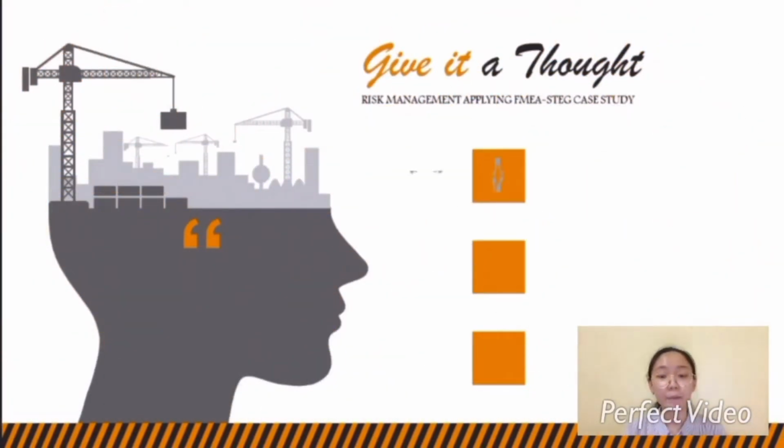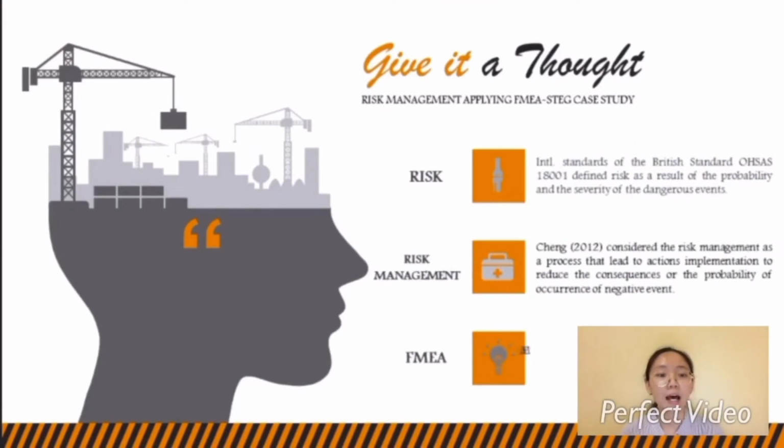First things first, we have to give these three elements some thought, which are risk, risk management, and FMEA. So the first one is risk. Based on international standards of the British Standard Occupational Health and Safety Assessment Series, risk is defined as a result of the probability and the severity of dangerous events.